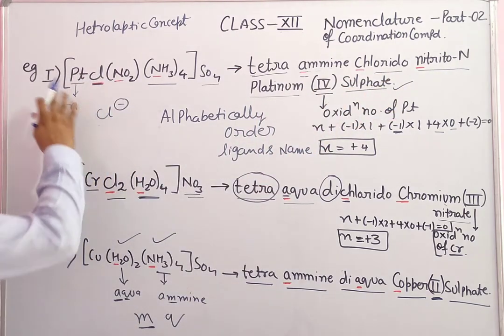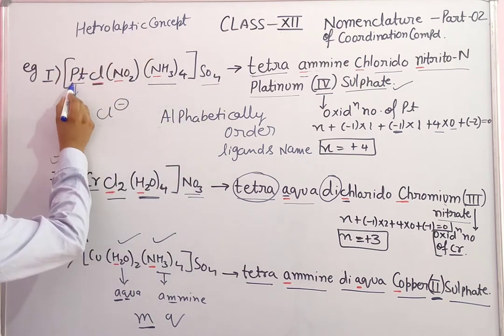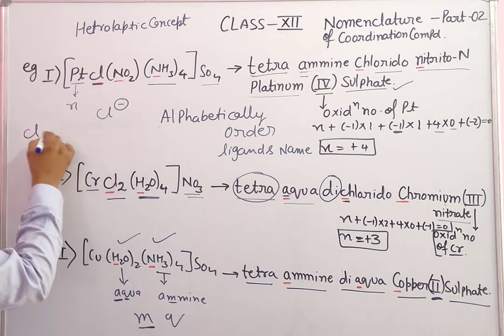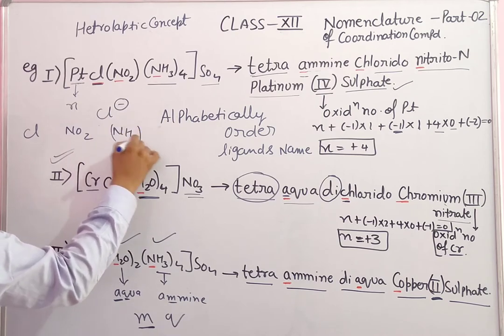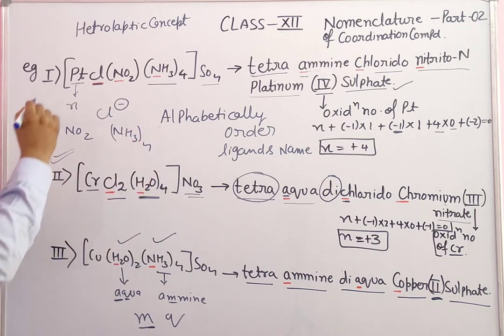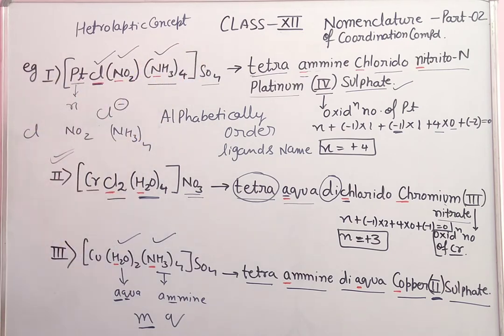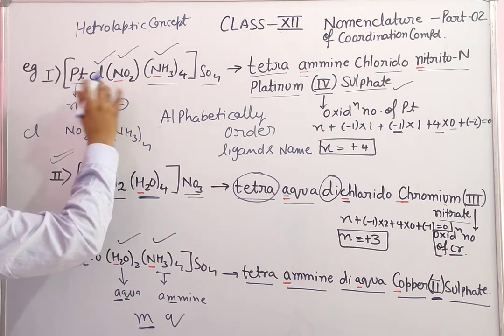So how to write the formula of this compound? You will write platinum as the central atom. Now you have three ligands: Cl, NO2, NH3 whole 4. Which will come first in this formula? That will be decided on the basis of the first letter of the symbols of the ligands.